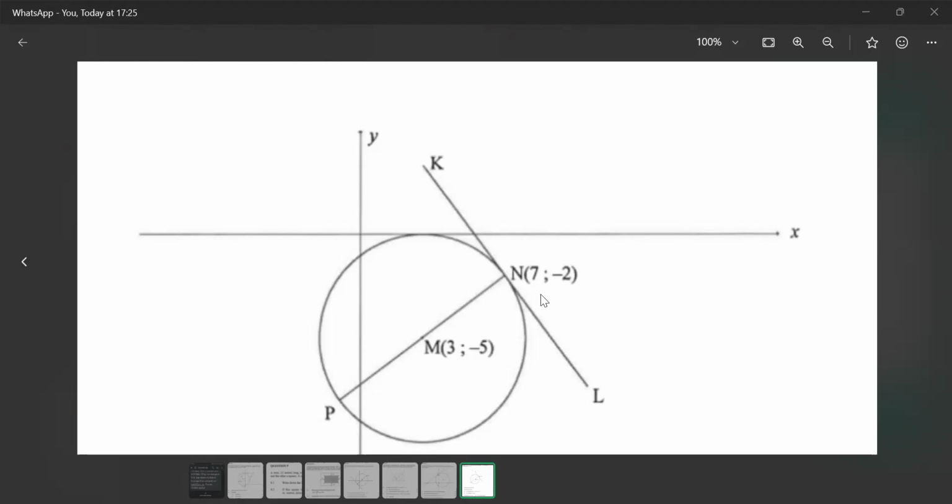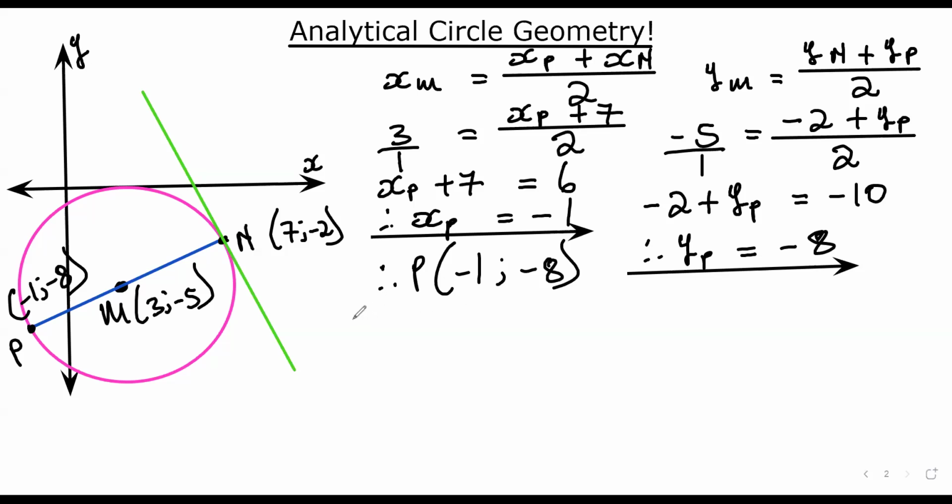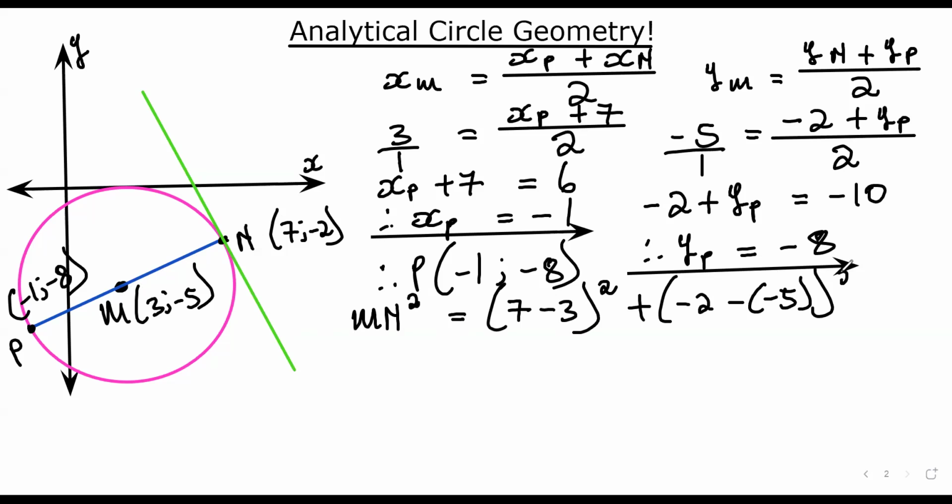So let's just go ahead and do that. Okay, fine. So we can simply find the length of MN squared. And in order for us to find MN squared, we take the x value at N, we say minus the x value at M. Of course, we square this. We take the y value at N, and then we say minus the y value at M. And we also square it as well.